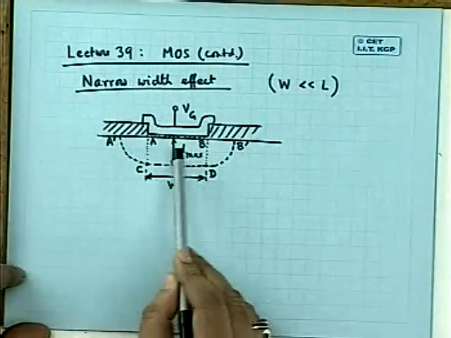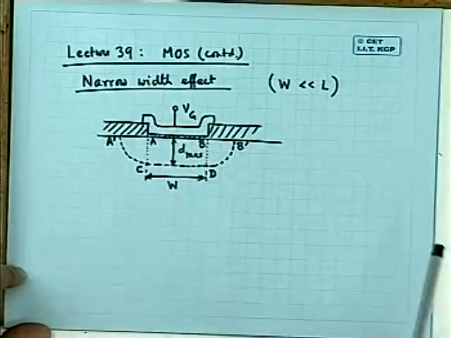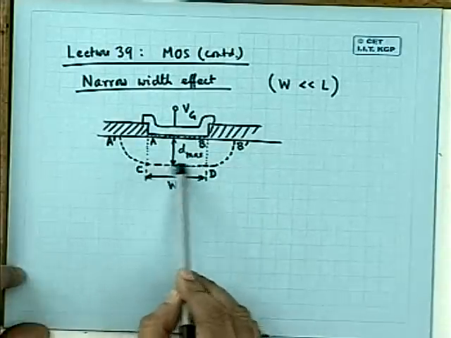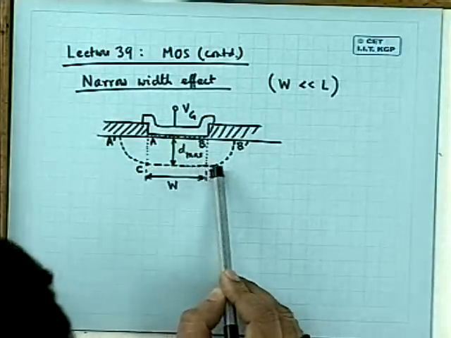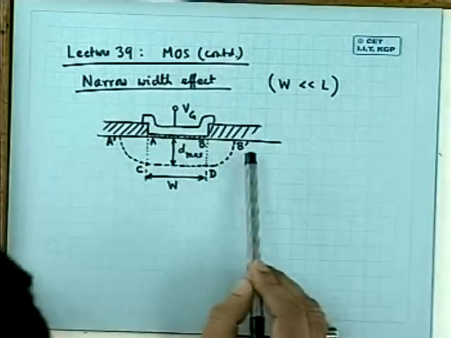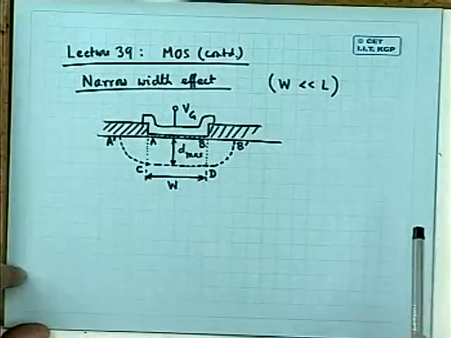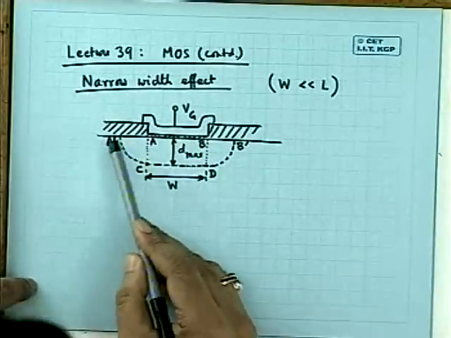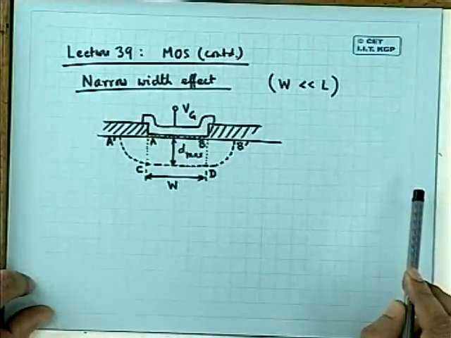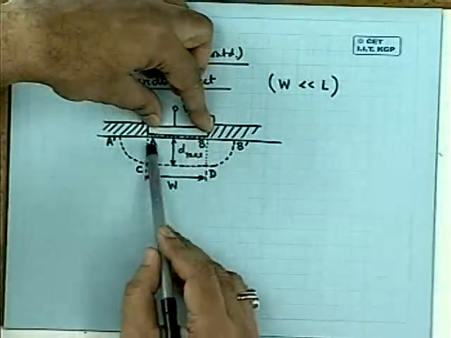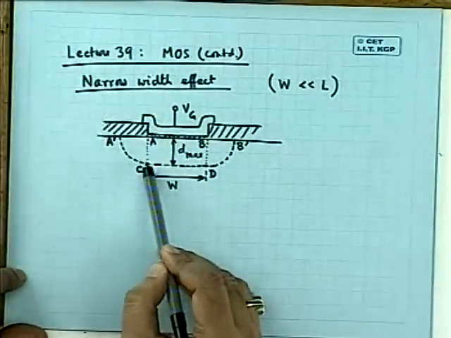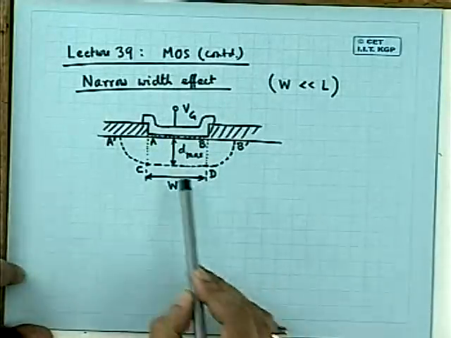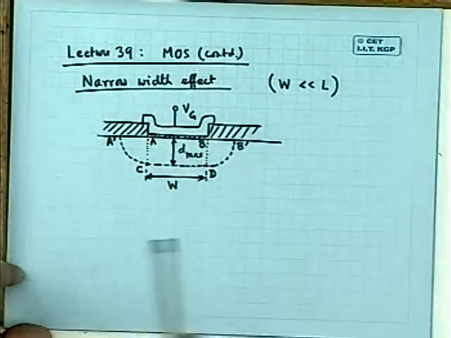Then the depletion layer which will be induced under the gate will not be confined only to this region, but it will spread also to the left of A and B like this due to the edge effects, electric field lines, leakage due to the edge effect, and approximately we can assume that this is a semi-quarter circular region.